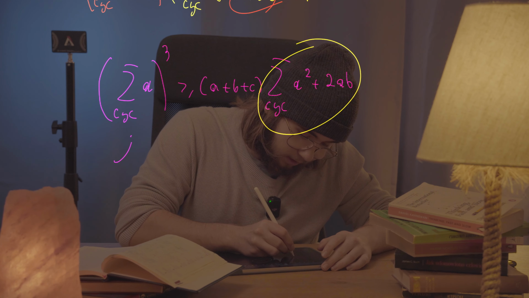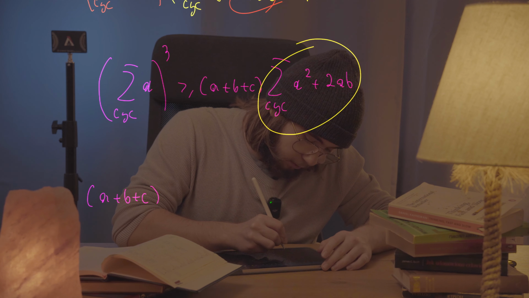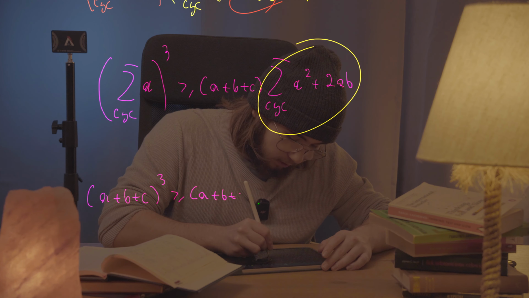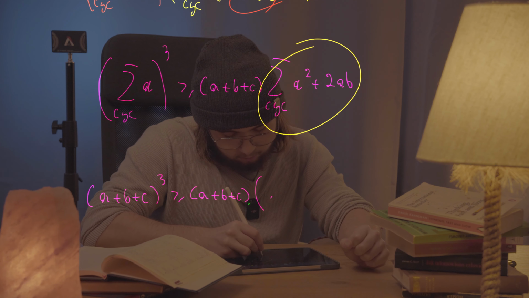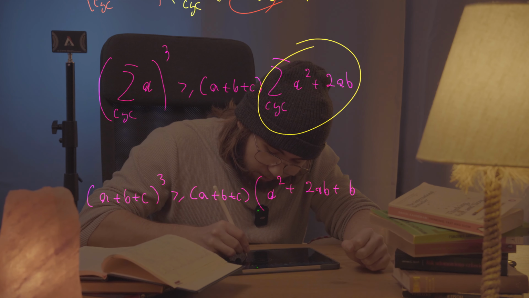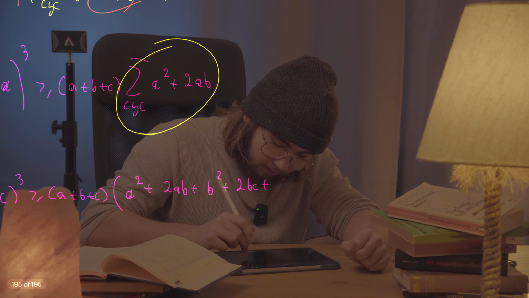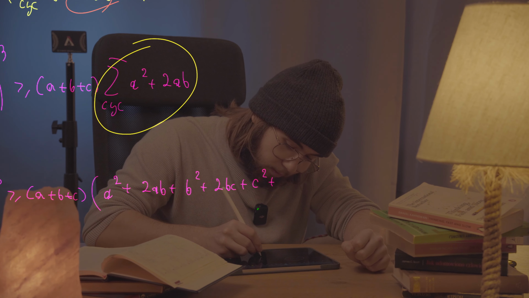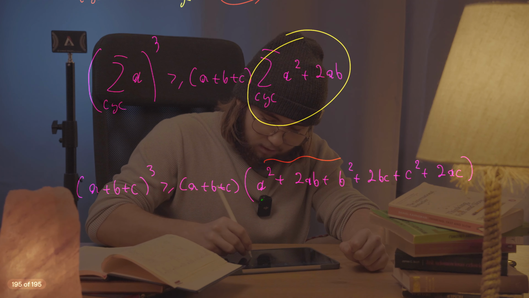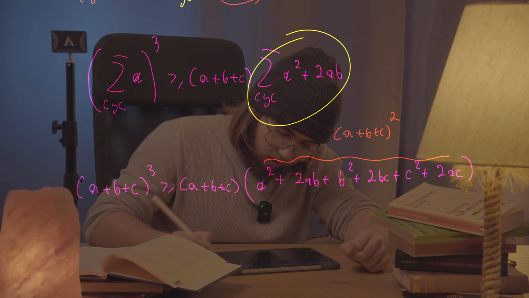What I'm going to get here is just the plain old a plus b plus c to the power of 3. On the right hand side it's going to be a plus b plus c multiplied by a squared plus double ab plus b squared plus double bc, and then plus c squared plus double ac. But wait, this is just a plus b plus c all squared.